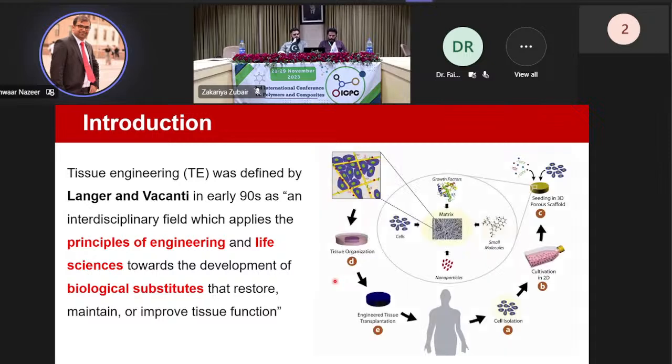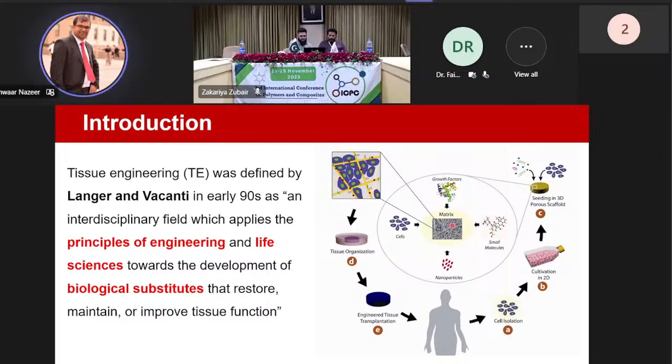So ideally, what we do is we take the cells from the human body, we cultivate them in 2D, and we seed the cells in 3D porous scaffolds. These scaffolds are basically engineered extracellular matrix having some growth factors, small molecules, some kind of nanoparticles, and cells.